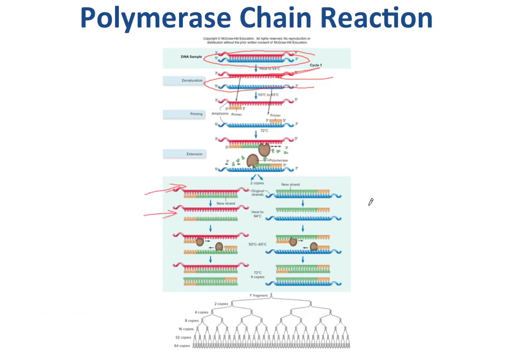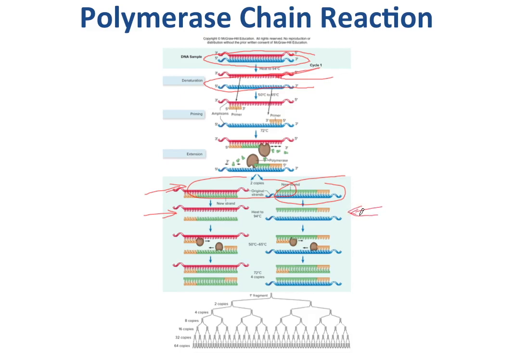Once the replication is done, the PCR device can go to the second cycle and heat the solution again to 90 degrees to let these two copies of DNA separate again. This is called denaturation.